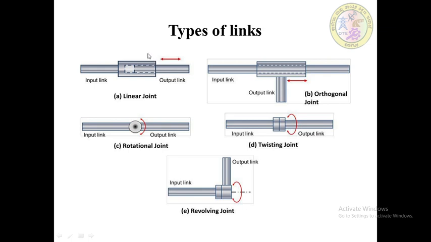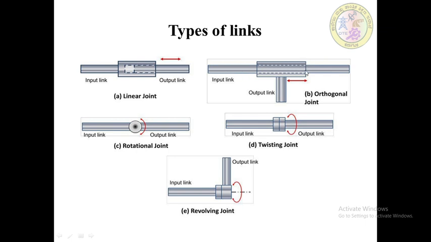These are the different types of joints. This is the linear joint. In a linear joint the output link must be actuated linearly with respect to the input link. This is a reciprocating motion only, possible in the positive x direction or negative x direction. Coming to the orthogonal joint, it is different, the perpendicularity is very important.